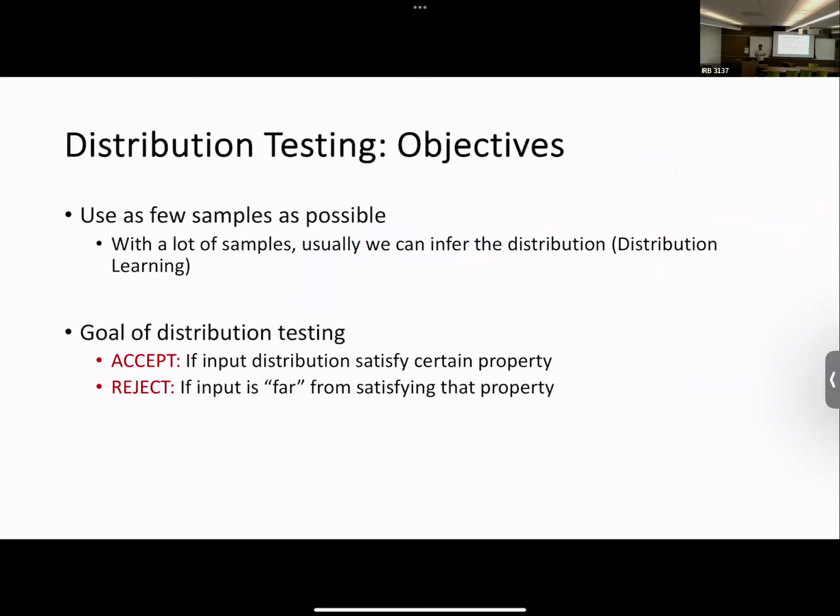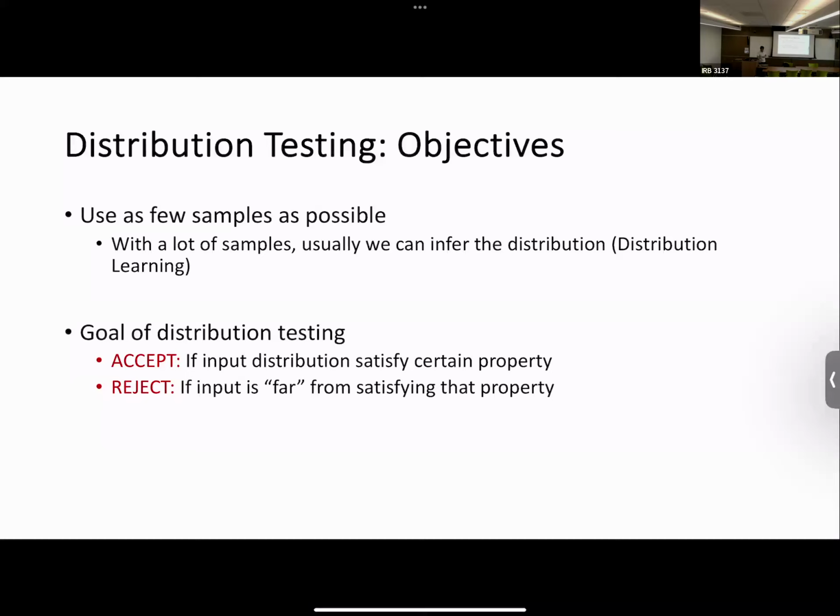We want to distinguish between two cases: either the input satisfies a certain property, in which case we should accept, or the input is far from anything that satisfies that property. I will come to how we define farness, but these are the two things we want to distinguish.